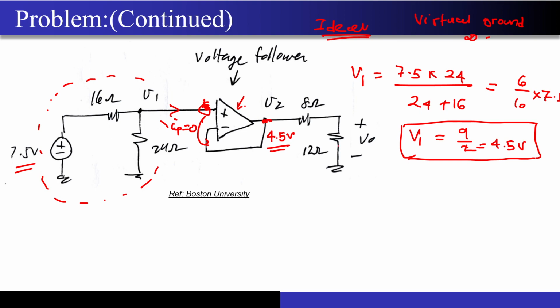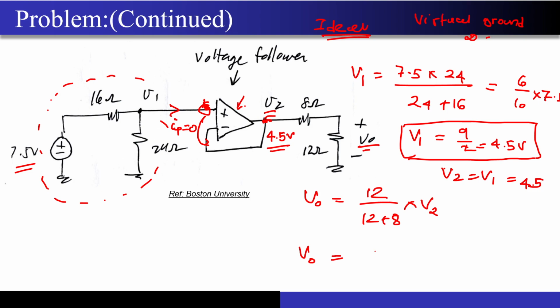If I want to calculate VO, VO will be nothing but 12 upon 12 plus 8 into V2, and V2 equals V1 equals 4.5. So this will be 12 by 20 into 4.5, or 3 by 5 into 4.5. The value of V0 comes to around 2.7 volts.